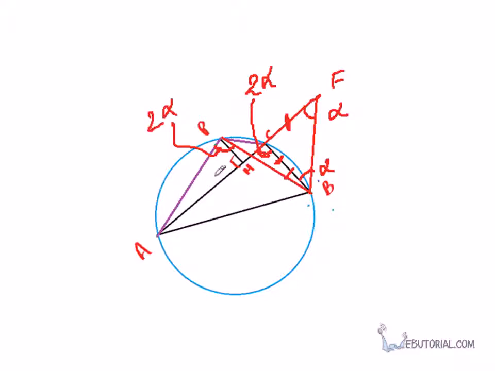Now take a look at these two places. We have two angles, one of them is at P, one of them is at F. The angle present at P is twice the angle present at F, and both of them are on same line segment AB. Therefore, we can envision a circle that passes through AB and F with center P.